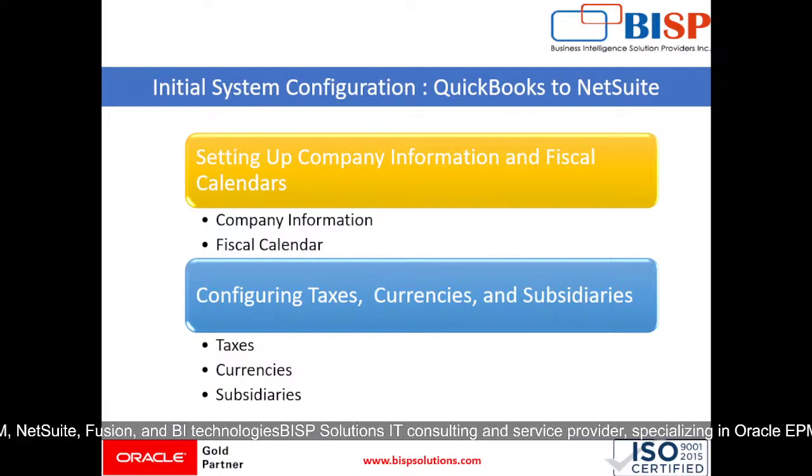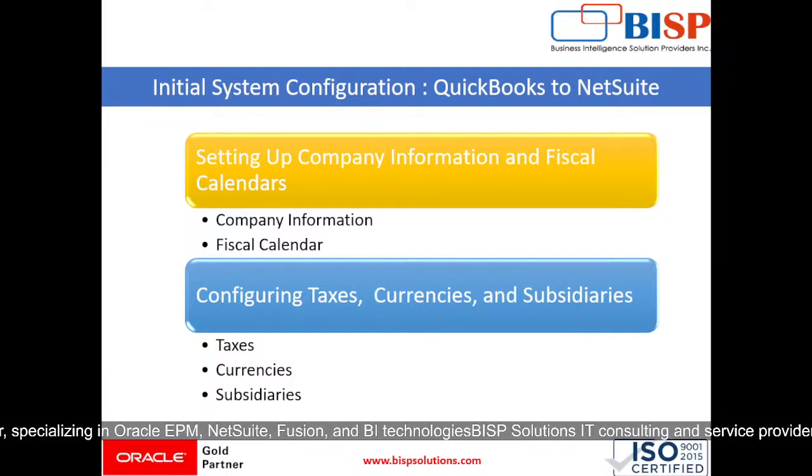migrating, so we will be making the company as per the QuickBooks, because it is only a one time process which we will be going to do and it cannot be done automatically.